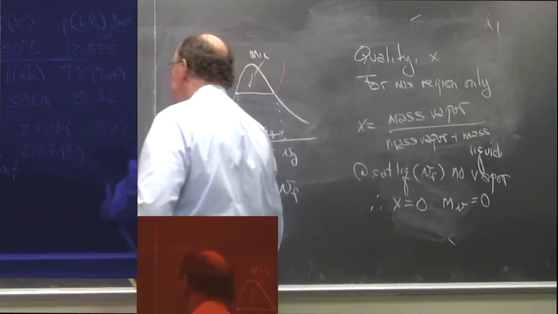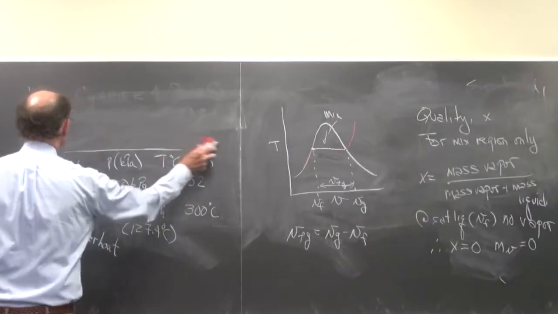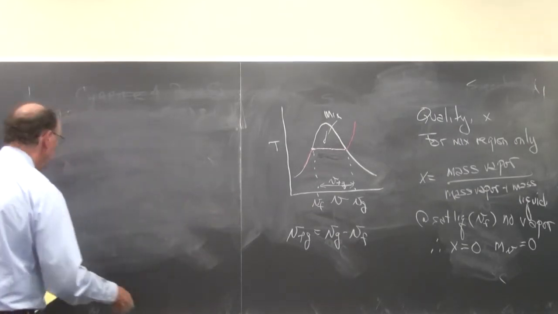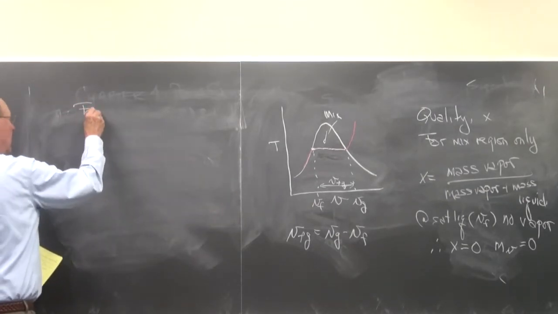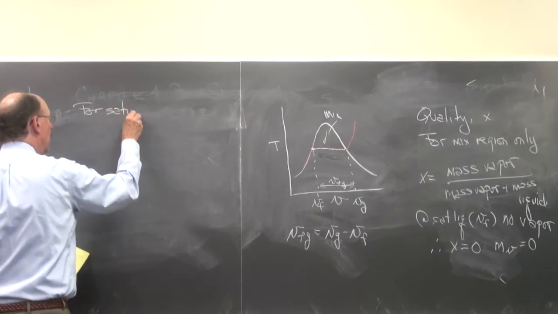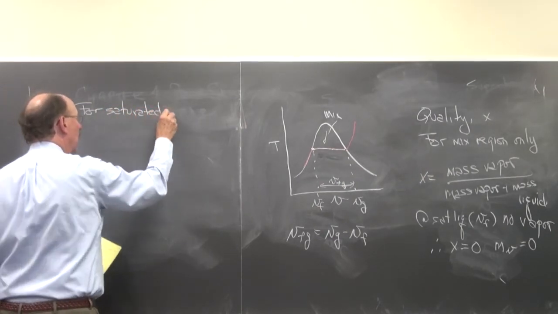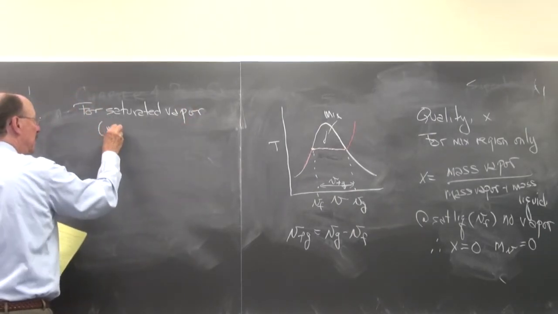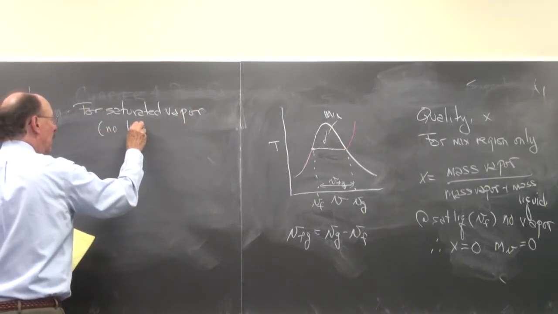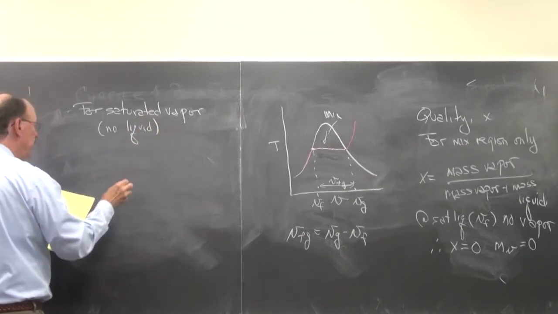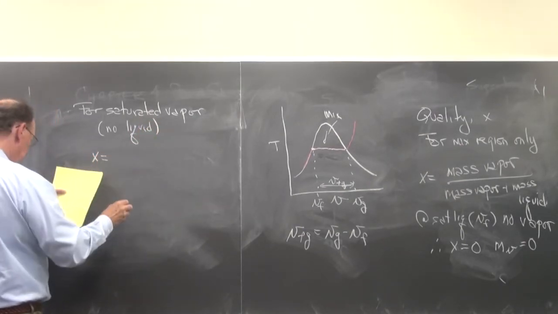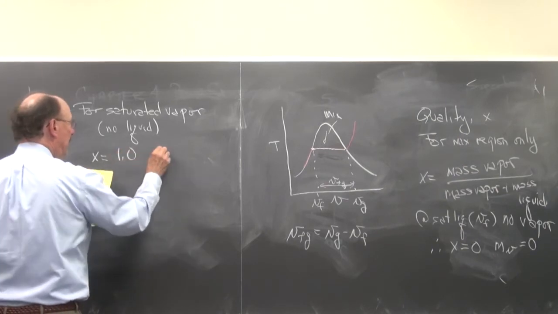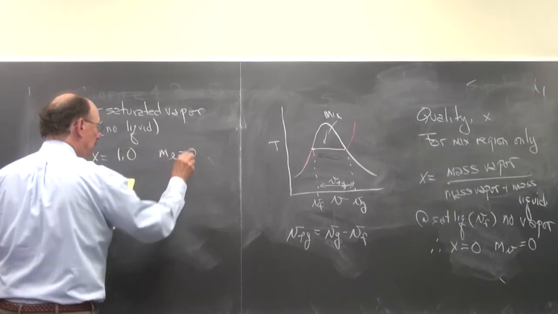And for a saturated vapor, there's no liquid, and so I have X is equal to 1.0, and the mass of liquid is 0.